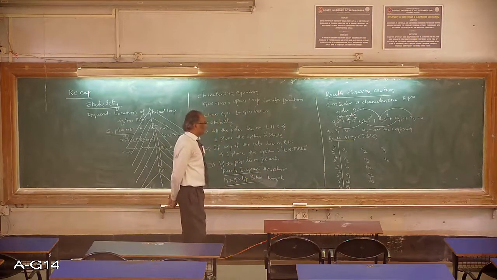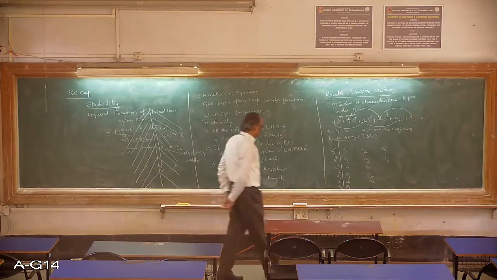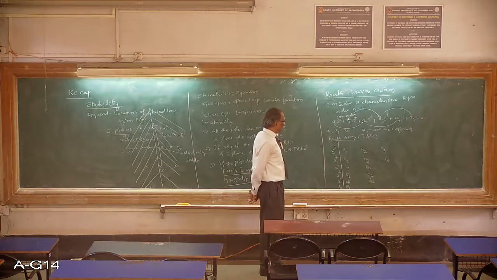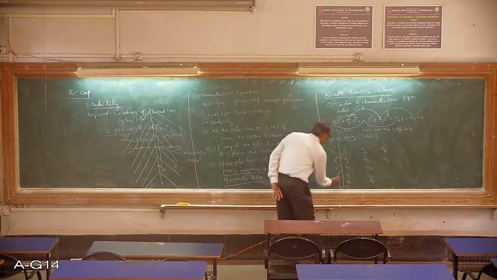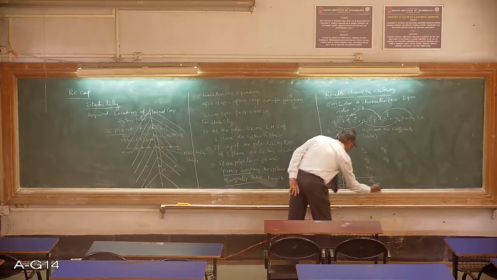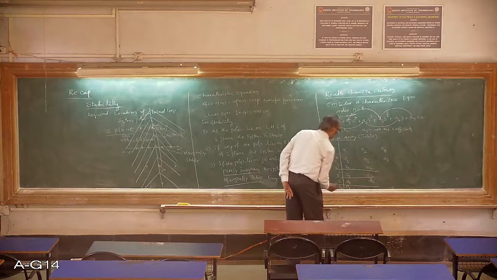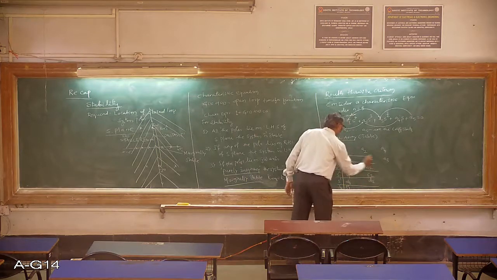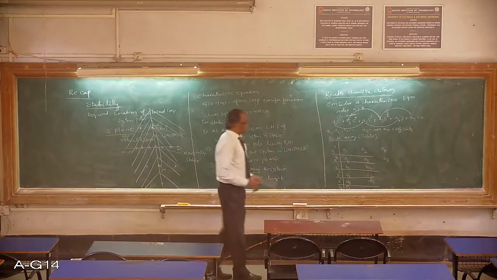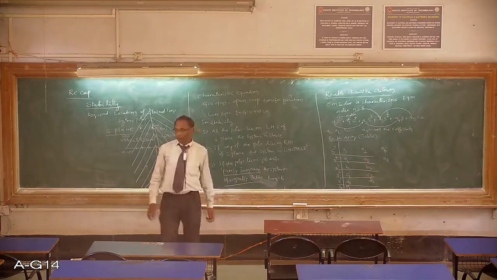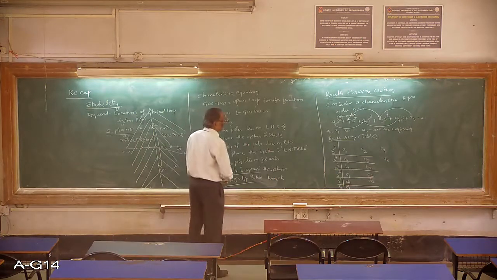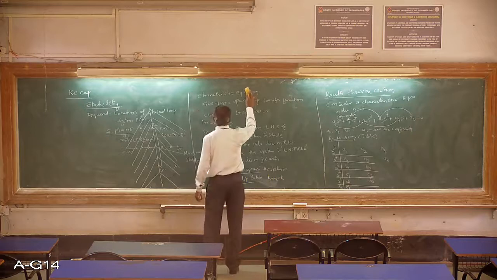This is how you are supposed to complete the table. It is necessary to complete the table by evaluating B1, B2, C1, C2, D1, D2 and E1.